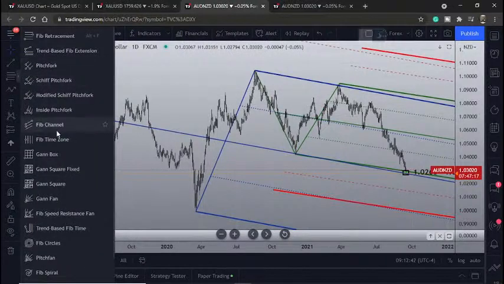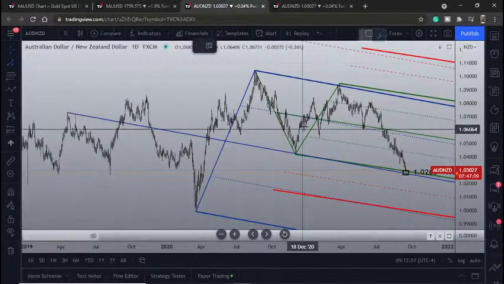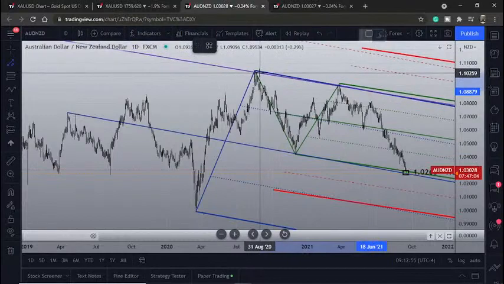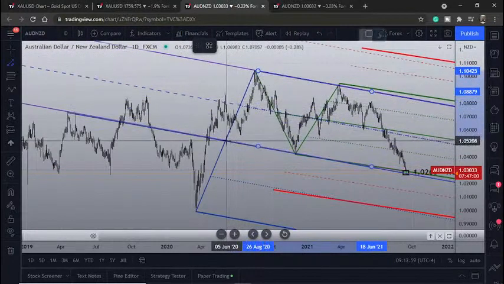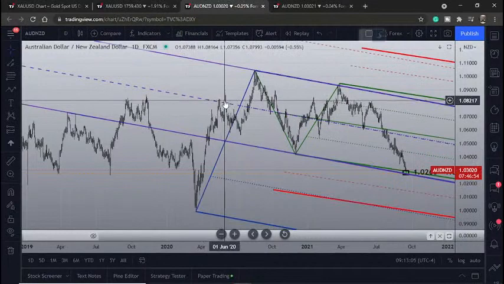Now you can even go a little bit further, and I just want to get out my channel, and I want to run a channel backwards. Again, guys, advanced techniques here. We had instances here where price couldn't stay above it.